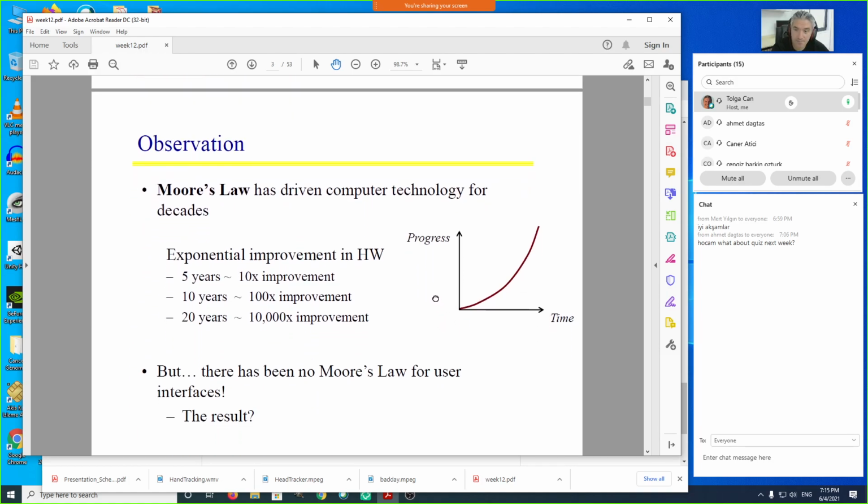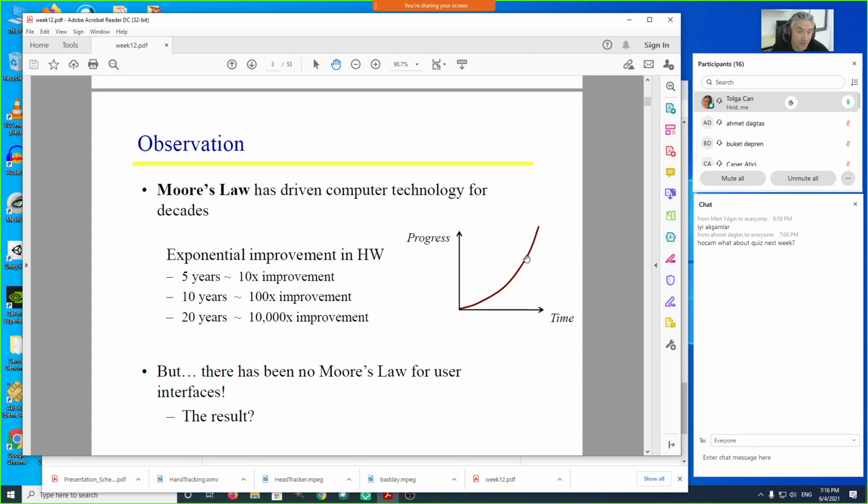So here, Moore's law has driven computer technology for decades, which meant that every 2 years the CPU speeds doubled and the memory got cheaper. So there was some exponential improvement in hardware.